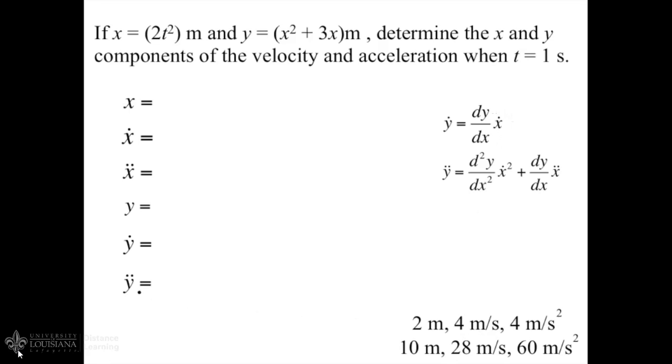And finally, I get the acceleration component in the y direction by taking the second derivative of y with respect to x from here and evaluating it at the time t equals 1 second, and also putting in x dot squared. That would be 4 squared, of course. And then you'd have plus dy/dx from here times x double dot, which was 4 meters per second squared. Doing the calculations will give us these results.